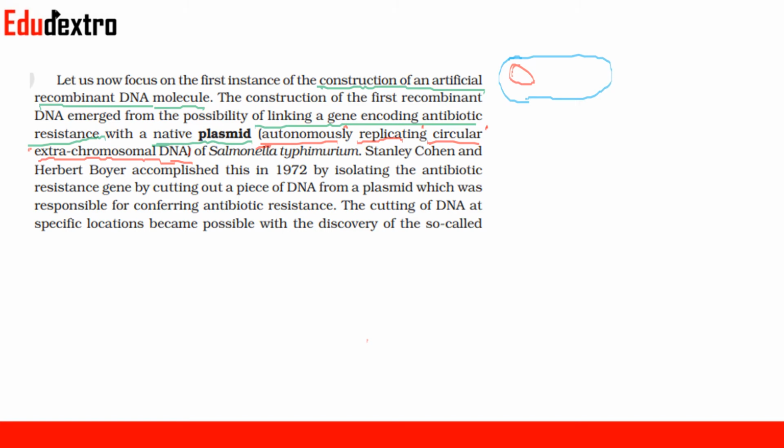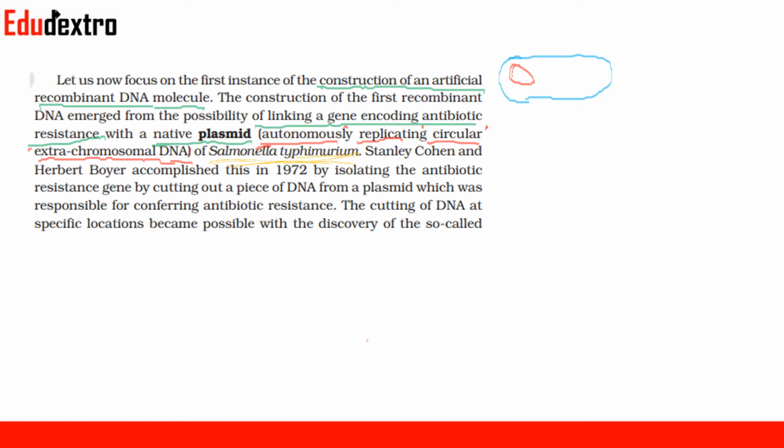This native plasmid is of Salmonella typhimurium. So this is a bacterium called Salmonella typhimurium which has a plasmid, and when we linked the gene encoding antibiotic resistance, that gave the first construction of the rDNA.